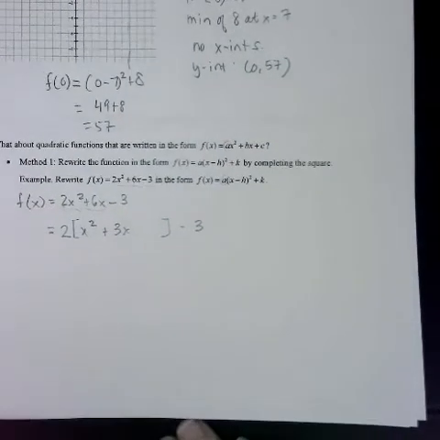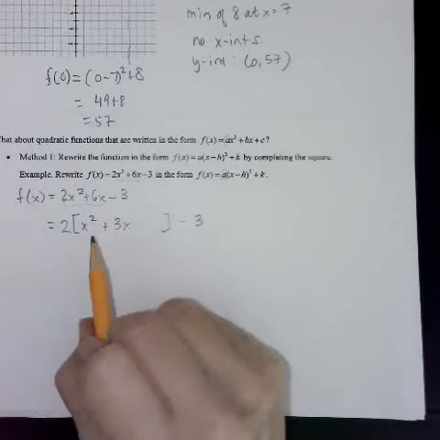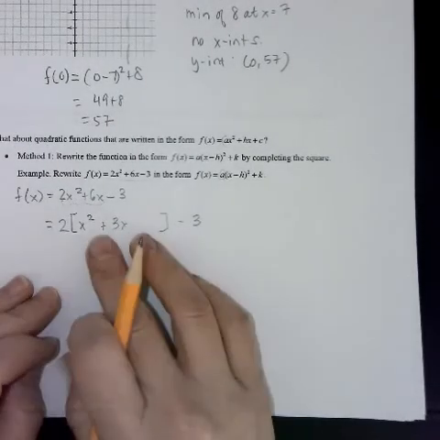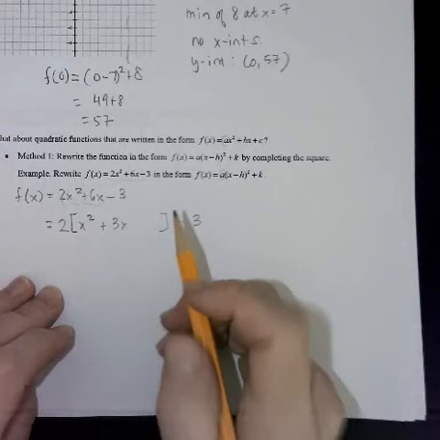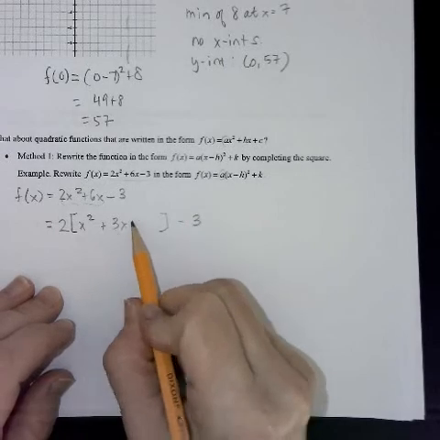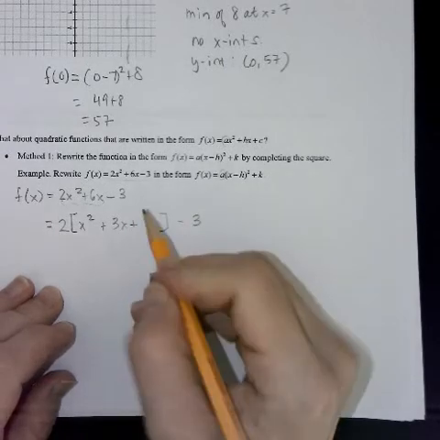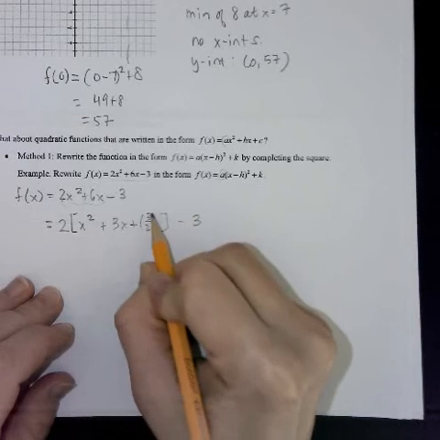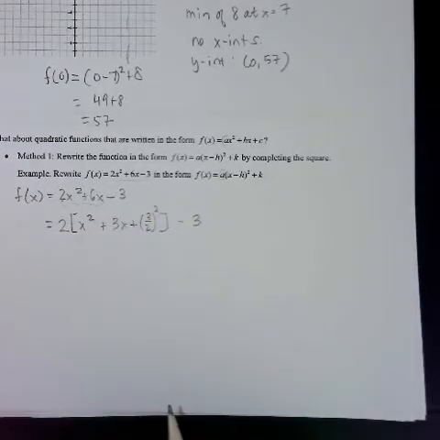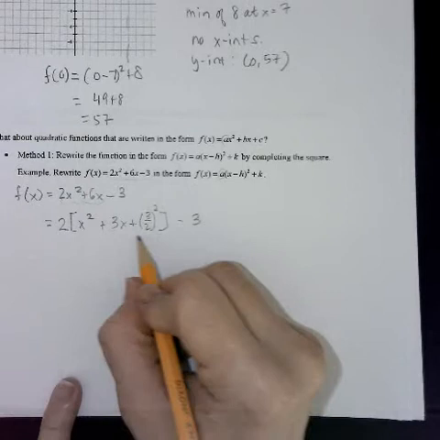So now we need to, just in here, do what we did when we completed the square over there. Add to this half of this number, which is 3 over 2, squared. Now once we add this in here, this becomes not equal to this.